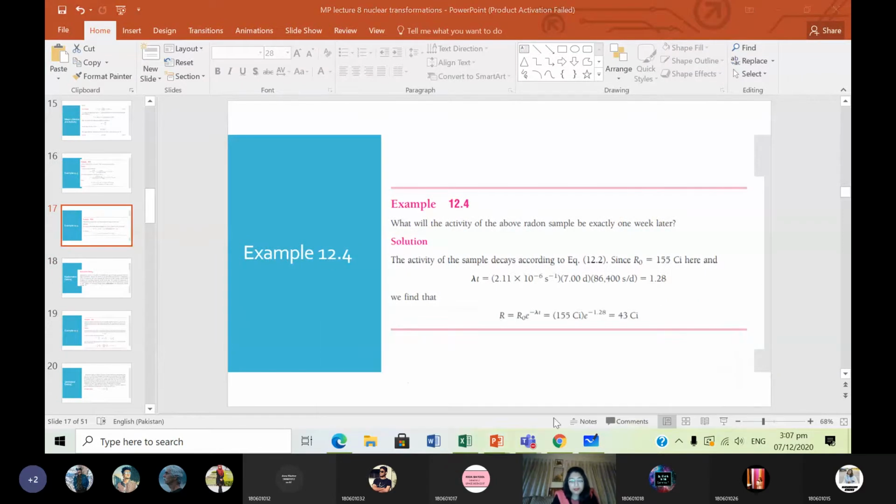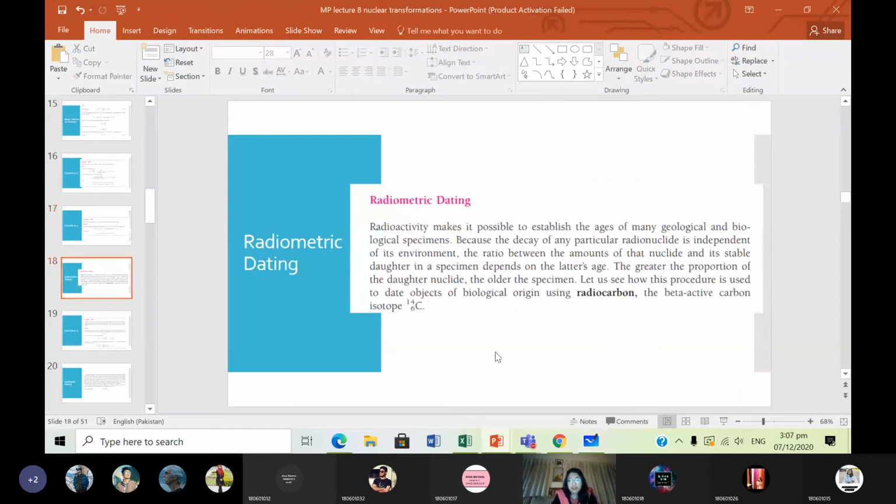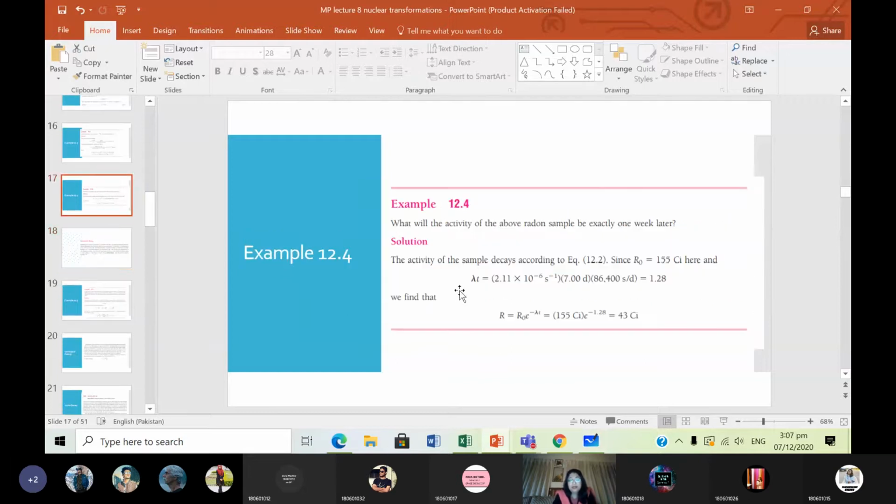Okay, no questions as usual. So I guess we will talk about another topic here. This is radiometric dating. So why is this useful for us, this half-life and decay constant and all these things that we are doing up till now?